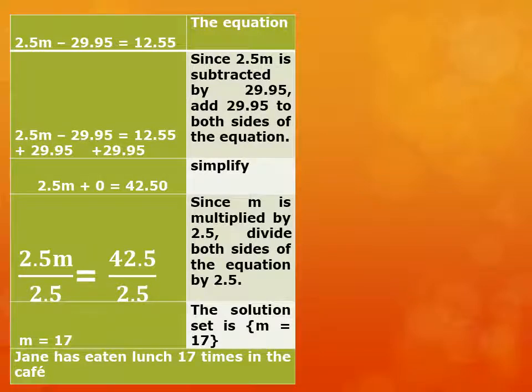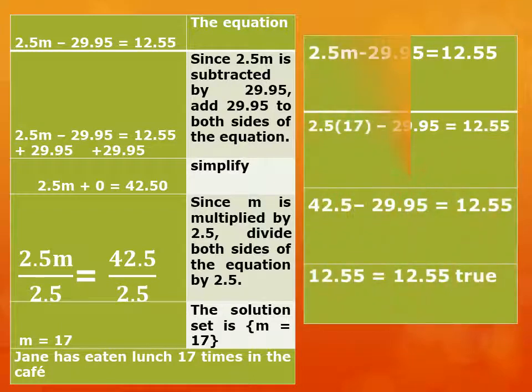So let's try to check. First, write the equation: 2.5M minus 29.95 is equal to 12.55. Then we are going to substitute the value of M, which is 17, into the equation. So 2.5 times 17 minus 29.95 is equal to 12.55. Next, we are going to simplify 2.5 times 17.